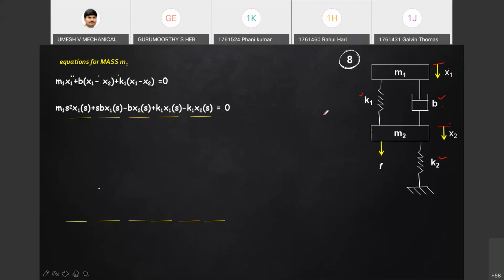Take Laplace transform. Then separating the variable, this is having x1 of s, and all the rest are x2. So I have shown x1 in one color.